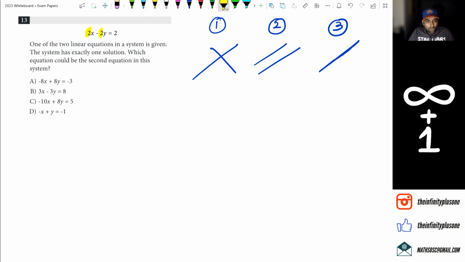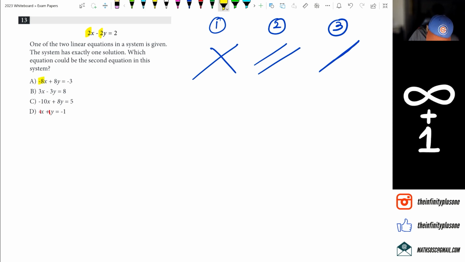Now if you look at all those other options, A, B, and D, they're all the same. Even if you look at D, it's negative 1 and positive 1. The only set of equations that's slightly different is negative 10x plus 8y. When I say different, I'm looking at the coefficients. Are the two coefficients of x and y the same?